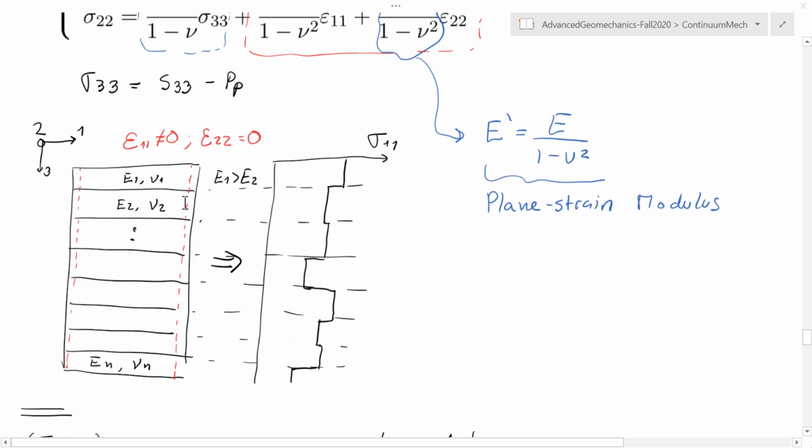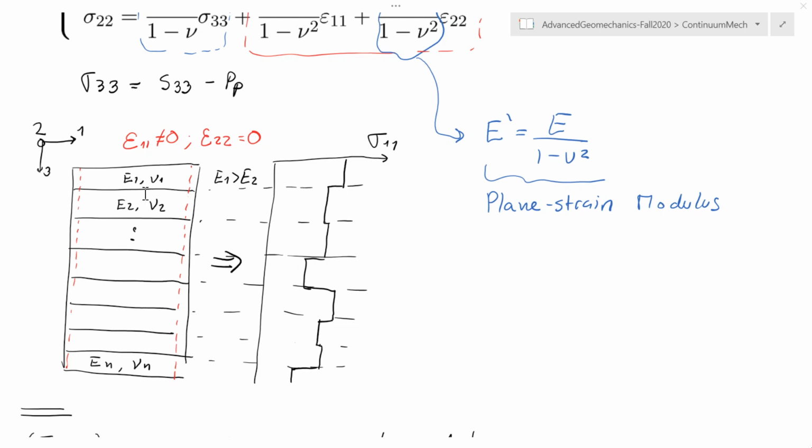And later we went into defining a sequence of layers in which all of them have a different Young's modulus. In this condition, I'm assuming that the layers extend infinitely in directions 1 and 2. But we know that in reality that's not the case.